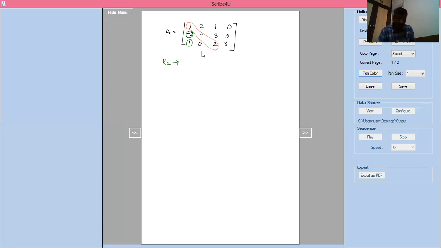Now for R2, -2 is there, and for R3, 1 is there. So we have to see what element to multiply with R1.